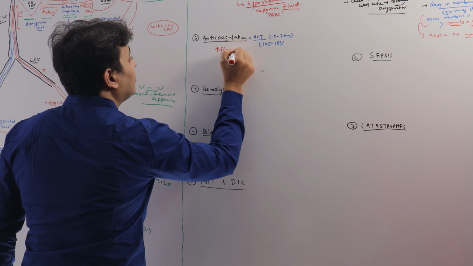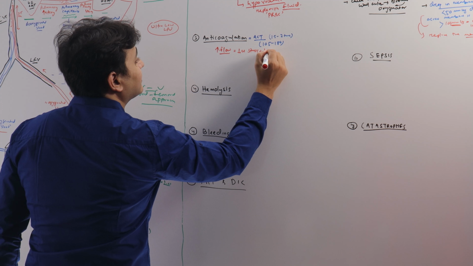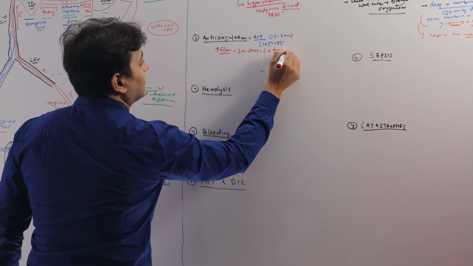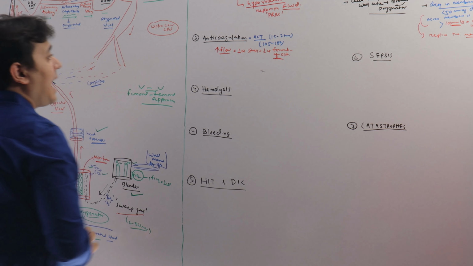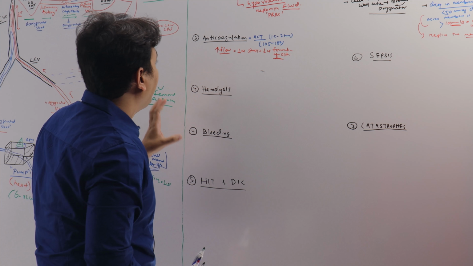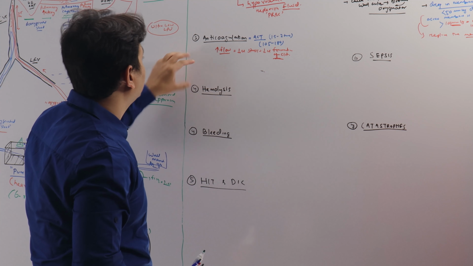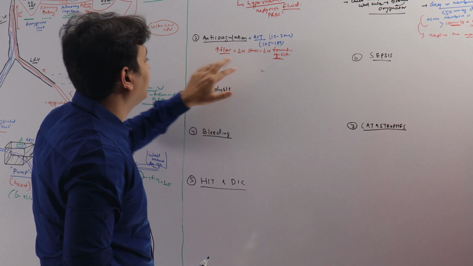When you increase the flow, that decreases stasis and decreases formation of clot, right? So when even after maintaining an ACT of 180 and using the maximum possible heparin, you are not able to achieve anticoagulation, you can just increase the flow for some time and that will prevent stasis and prevent formation of clot.